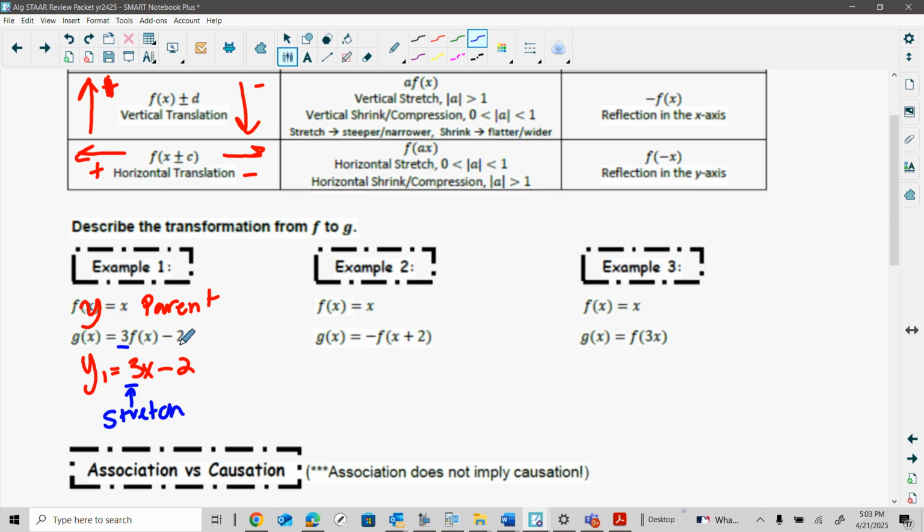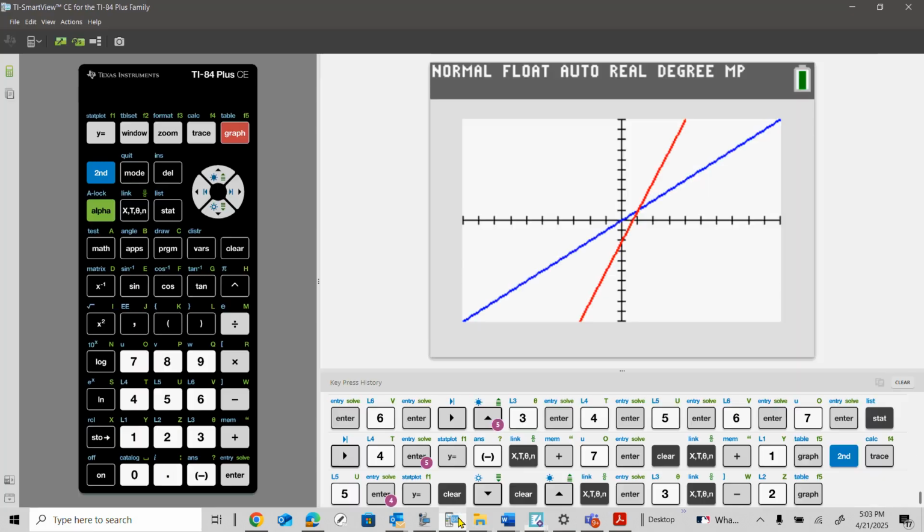And then we have minus outside the parentheses. This is a vertical shift. Because we have this minus, that means we're going down 2. It's indicating down 2 units. So the stretch means it's steeper than the parent, and I can look at the graph and see that. This is the parent, the blue, and then the red is going up faster, so it has a steeper graph.